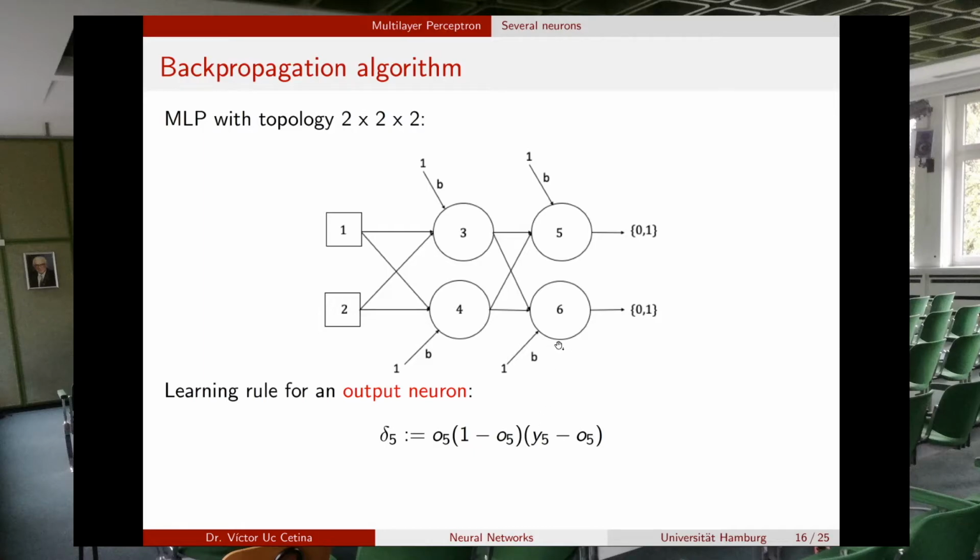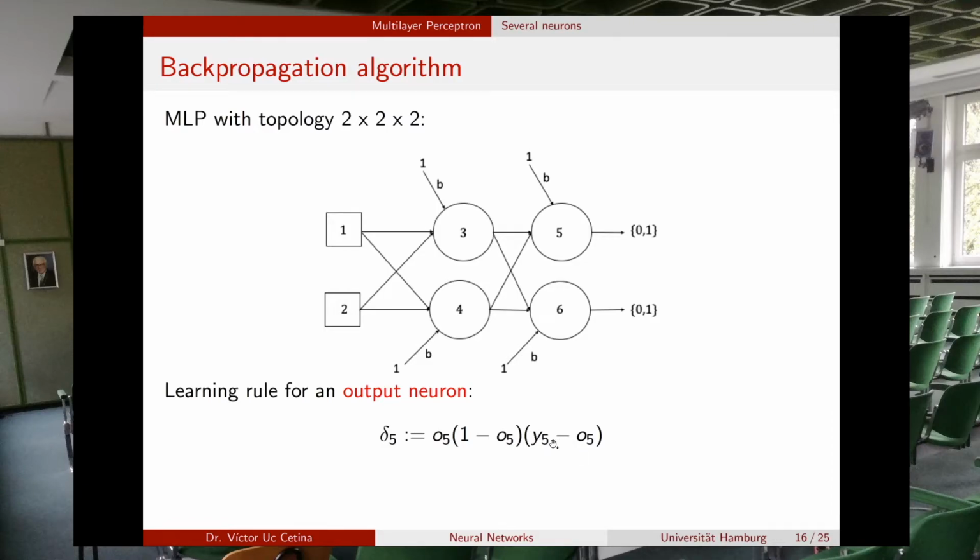So here we talk about deltas. Delta 5 in this case will represent the error of our neuron 5, and it is computed with these products: the output of neuron 5 times 1 minus the output of neuron 5, times the output error that we mentioned before.